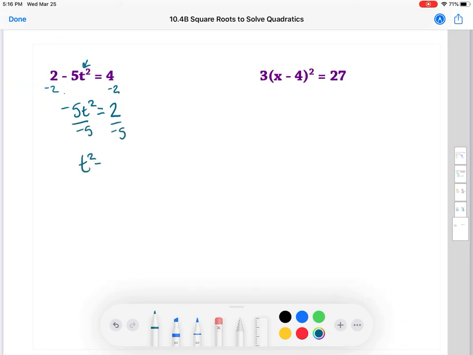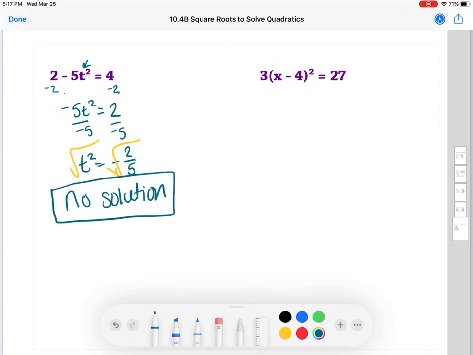And I get t squared equals negative 2/5, which is a decimal. And if we try to take the square root here, this side is negative. And what did we say about square roots of negatives yesterday? Not possible. So did you get no solution? Good.